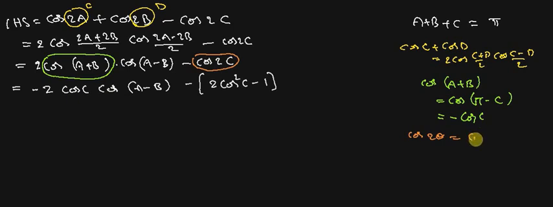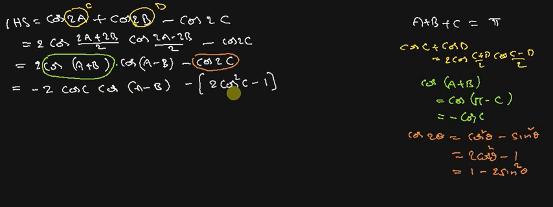The first one is cos square theta minus sin square theta, the second one is 2 cos square theta minus 1, and the third is 1 minus 2 sin square theta. You can use any of these results. Why? Because cos 2 theta has three different forms, and you can choose one of them according to the situation of the problem.